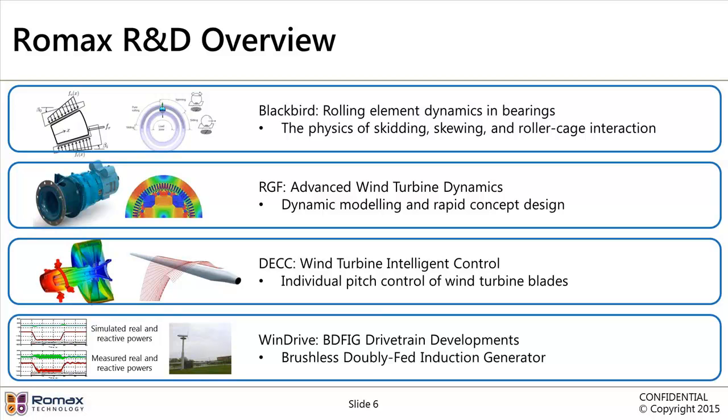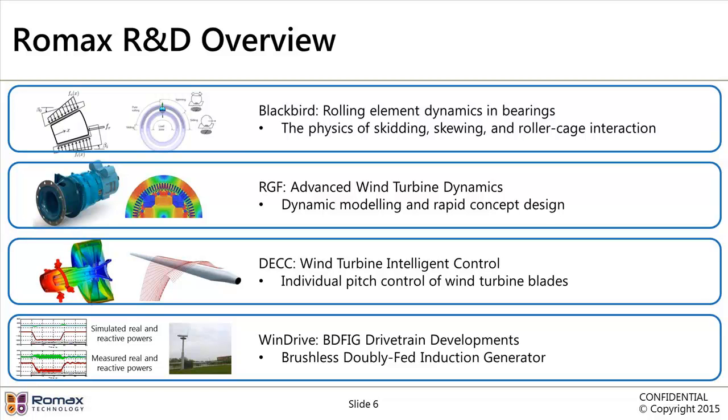And finally, WindDrive is about developing a generator technology from a small-scale demonstrator up to full industrial scale. So that was a brief overview of some other R&D projects that we're working on within Romax.